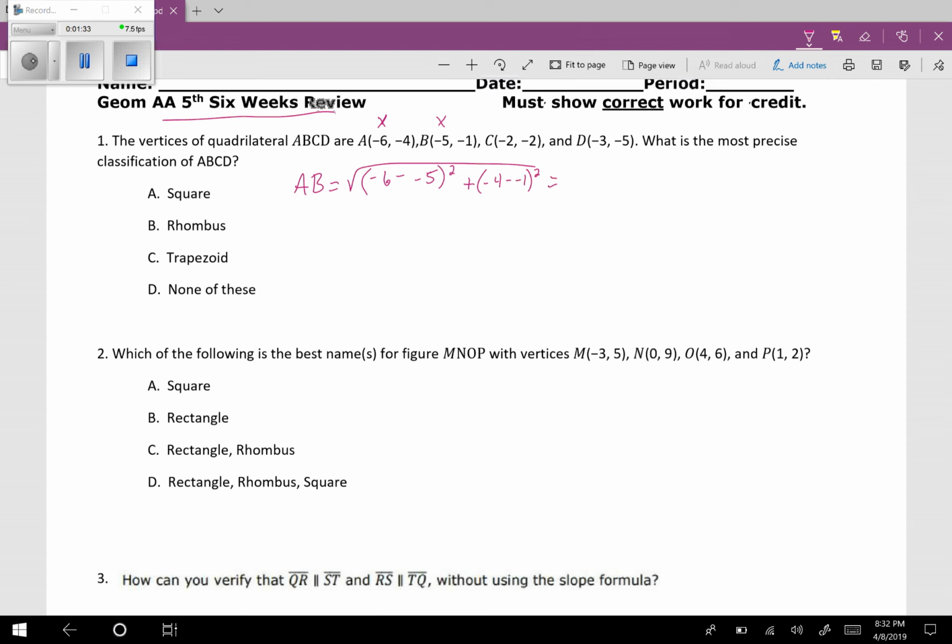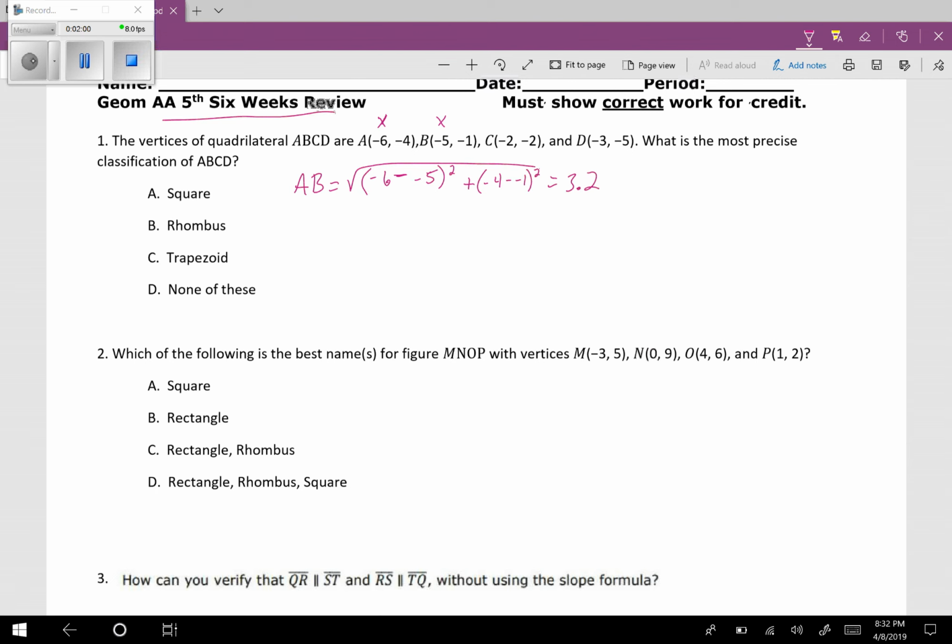And remember, just type this into your calculator exactly as it is. Don't forget these minus the negatives. If you mess that up, you're going to mess up your whole thing. So this comes out to be the square root of 10, which is 3.16, so it's about 3.2.